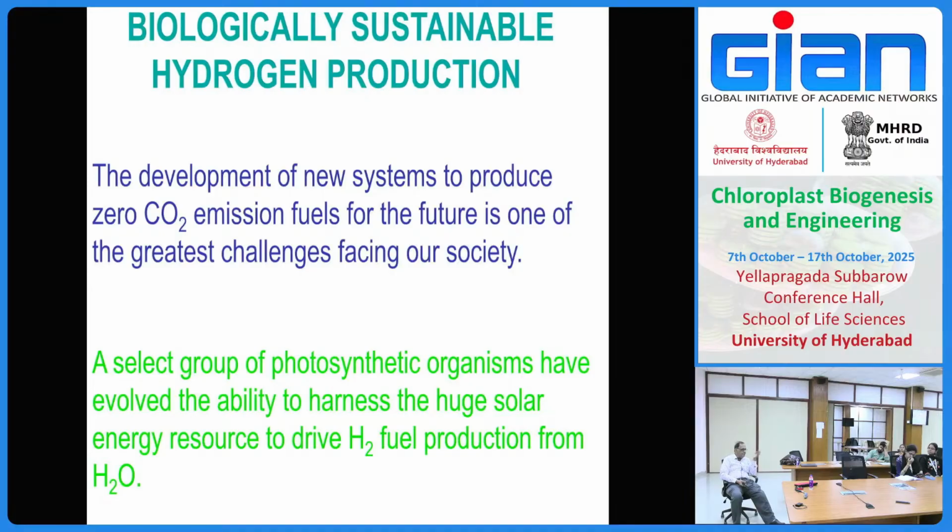But the energy input is quite high to hydrolyze water to hydrogen and oxygen. So the idea is, can you do it at the expense of solar energy we are receiving directly from water, with photolysis of water in photosynthesis?